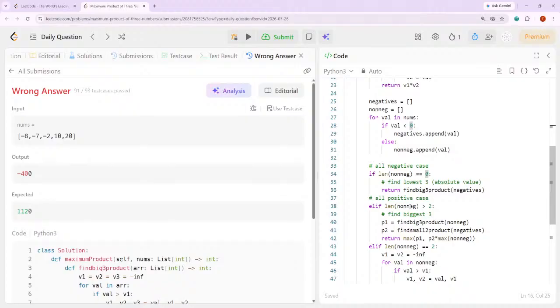Okay, this logic is horrendous. It's absolutely horrendous. There's so many bad cases.